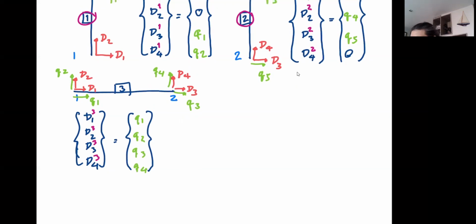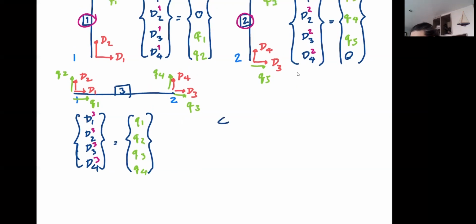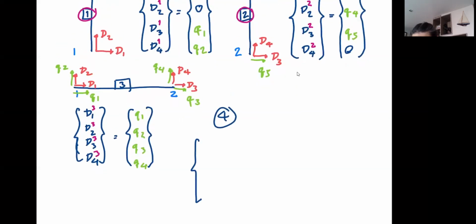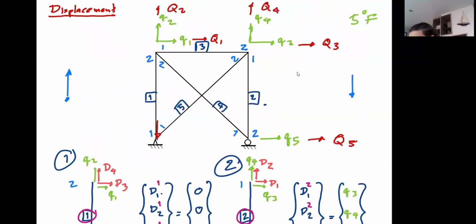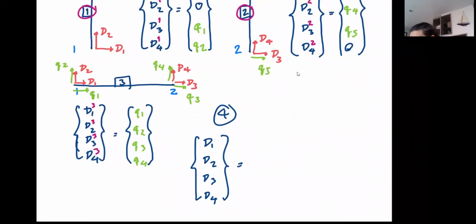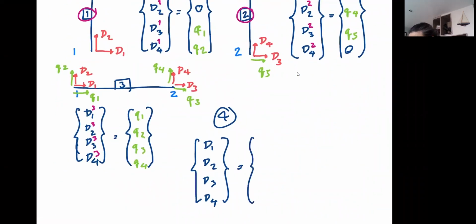Okay, so for member 4, you can just look at the picture and try to get it. D1, D2, D3, and D4. In fact, you can go back and look at member 4 here. This local node 1 is only Q5, right? And local node 2 it's 1, 2. So it's not that difficult really.